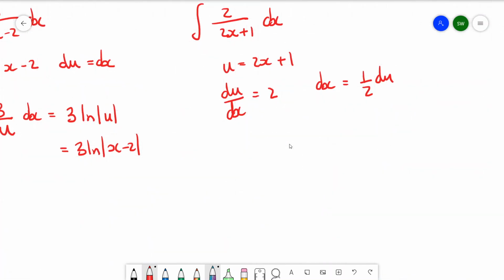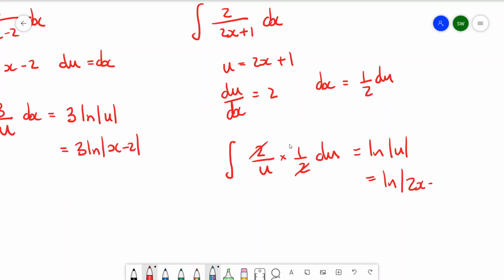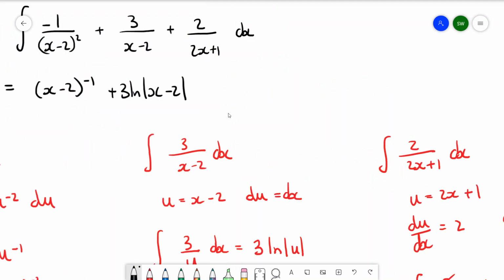So when we do our integral, we're going to have the integral of 2 over u times a half du, and then the 2's are going to cancel, so we're just going to have the integral of 1 over u, which is natural log of u. But u in this case is 2x plus 1, so we're going to get log of 2x plus 1. And then we need to remember our constant of integration.